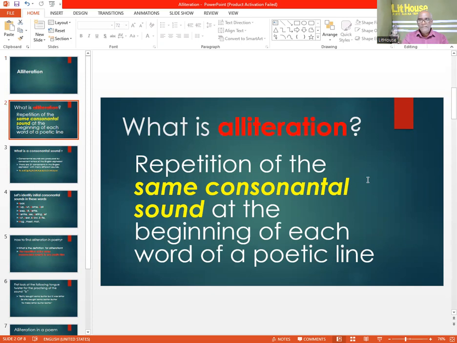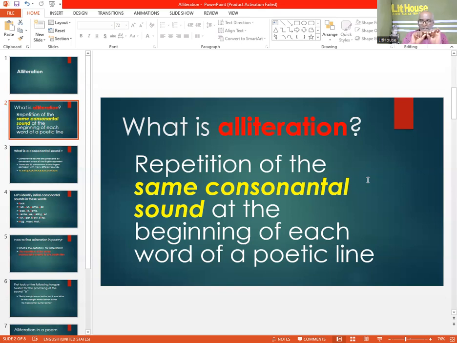Repetition of the same consonantal sound at the beginning of each word. Now, this is the main aspect of this technique. Remember this, beginning of each word of a poetic line.